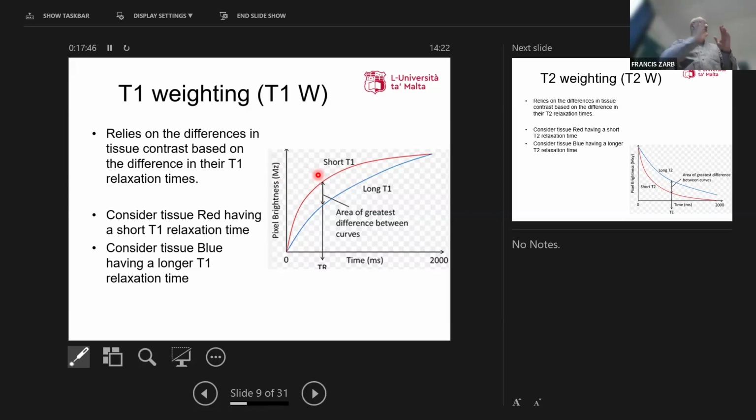My TR, the time to repeat, needs to be relatively short, not large, because when the TR is long, both tissues would have reached the same signal intensity.